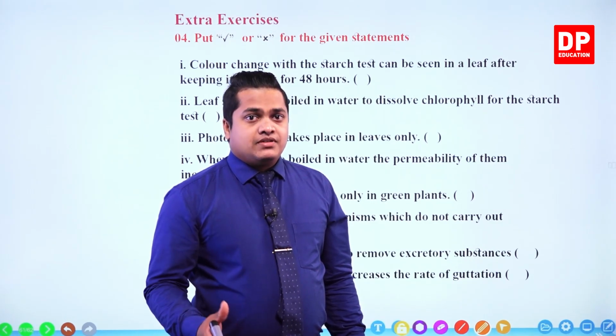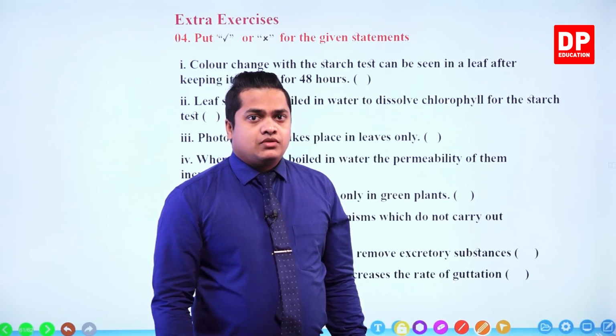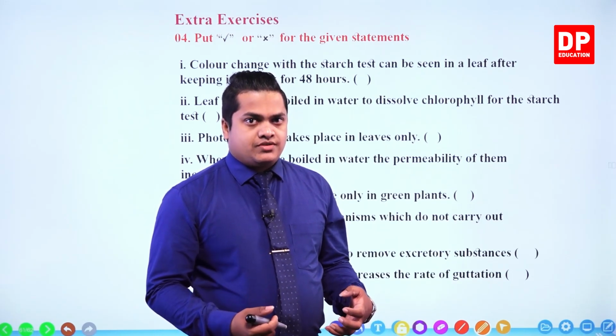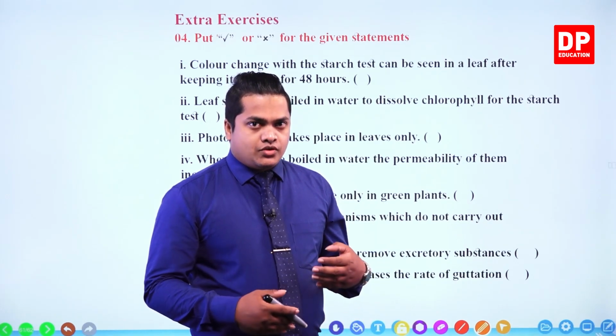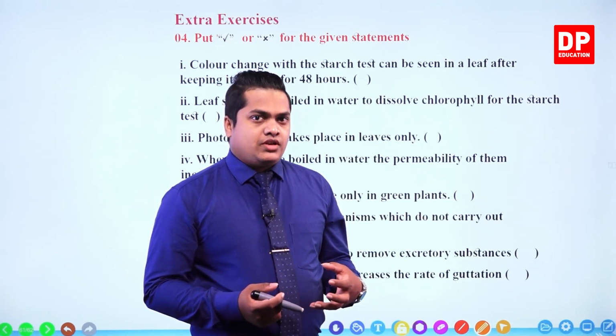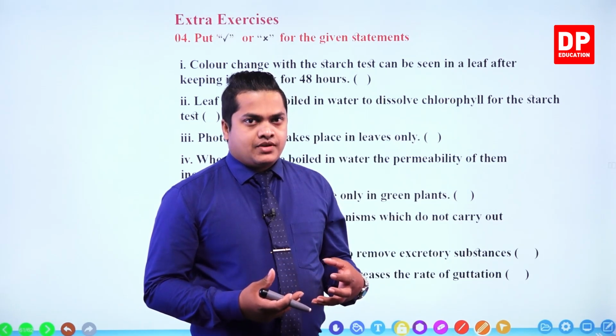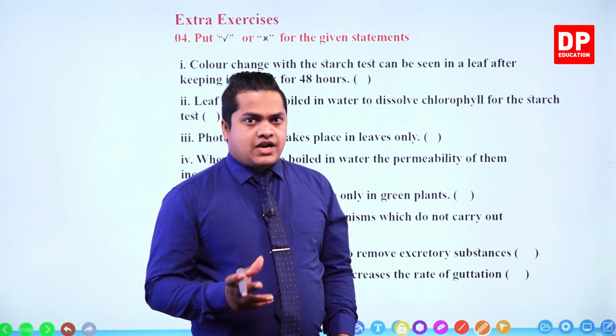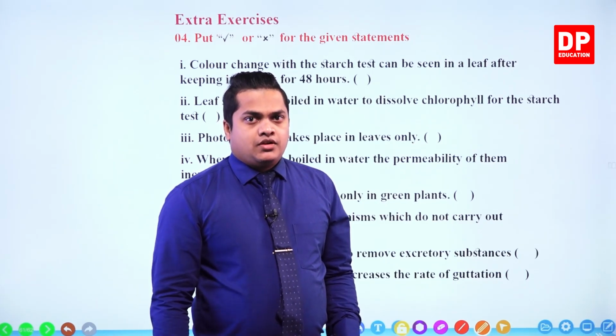Right? Plant can't starve for about 48 hours, no. It should get its nutrients or nutrition. It should do its respiration in order to get energy. So for the respiration process, glucose is really important, starch is really important, right?